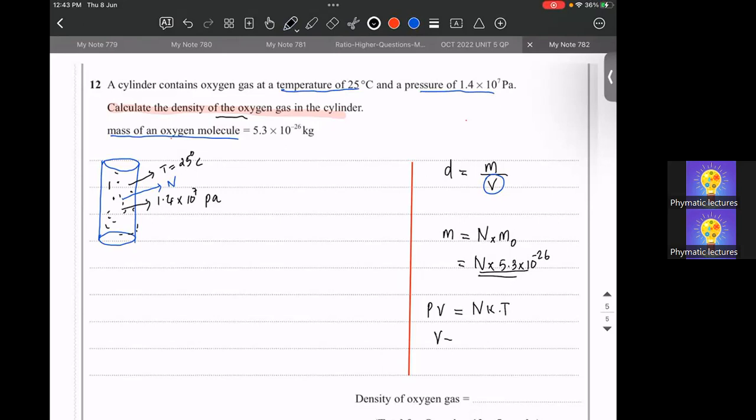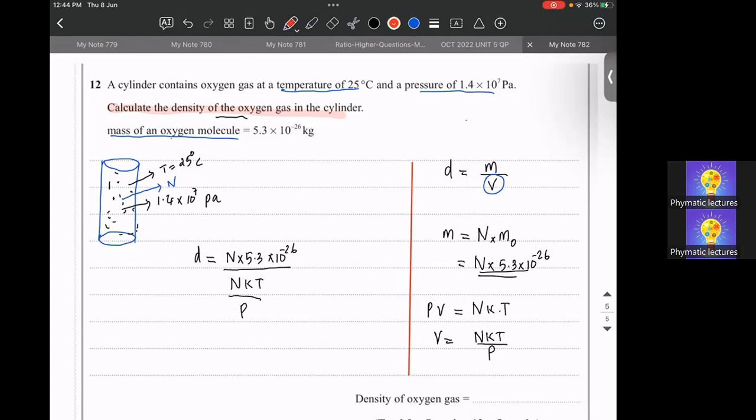From this you can calculate the volume, that is N times K times T divided by P. So the density is mass, n times 5.3 times 10 to the power of minus 26, upon the volume, n times K times T divided by the pressure.